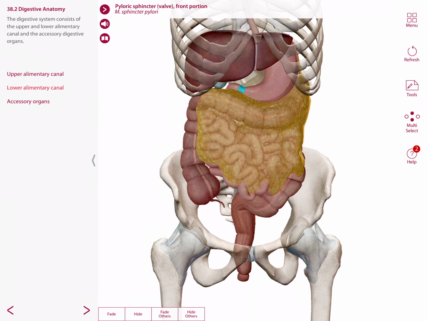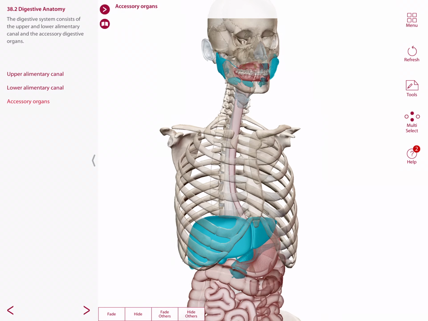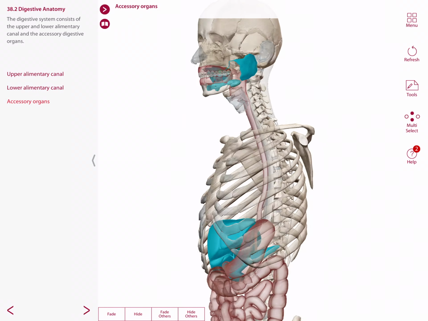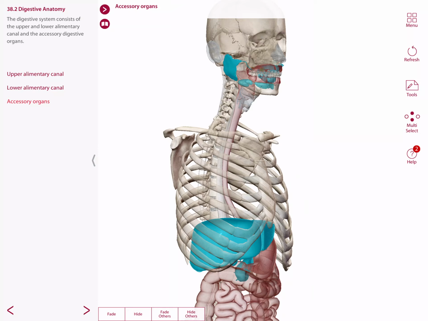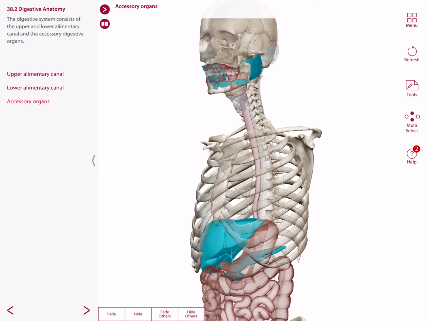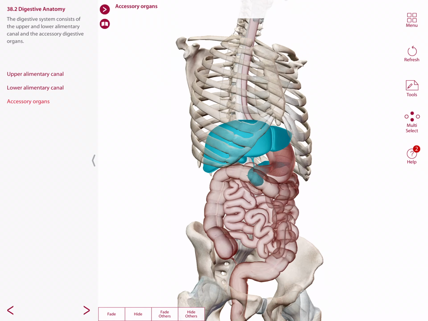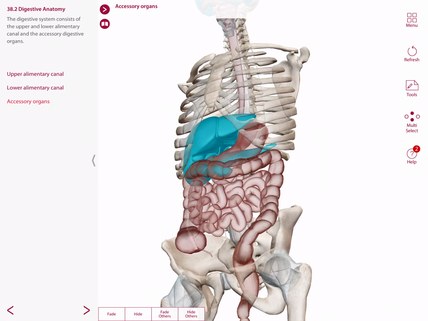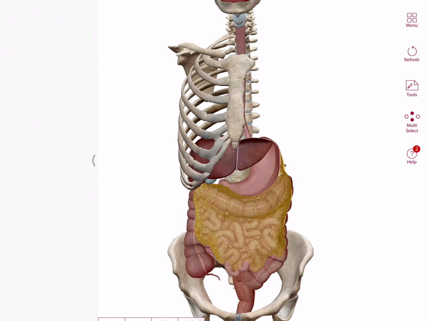So right there at the stomach we have a thing called the pyloric sphincter, and anything above that is upper alimentary canal, anything below that is lower alimentary canal. And then we have a couple of structures along the way that aid or are accessories to this digestion process. Up top we can see the salivary glands, then down below we've got the liver, the gallbladder, and the pancreas.